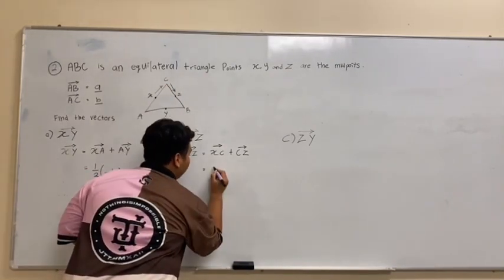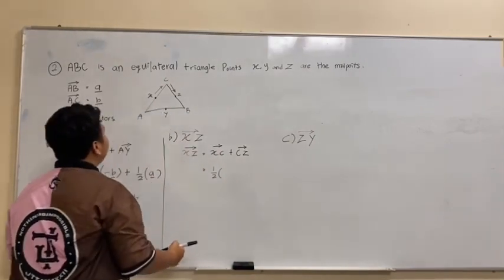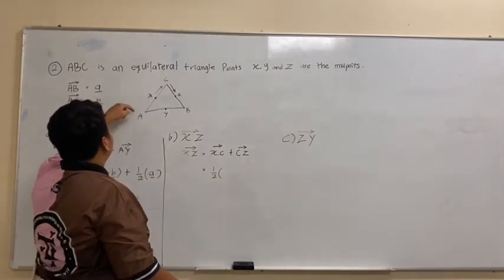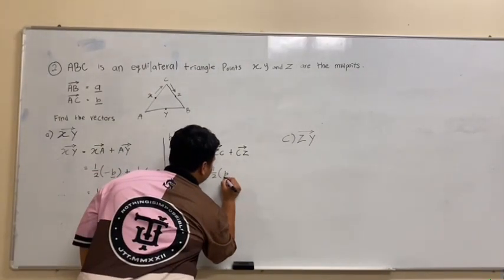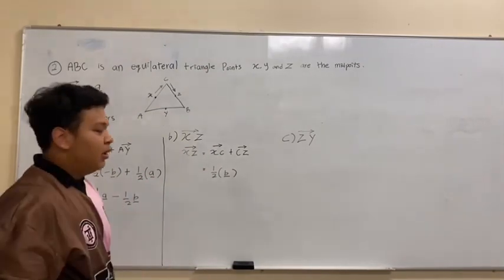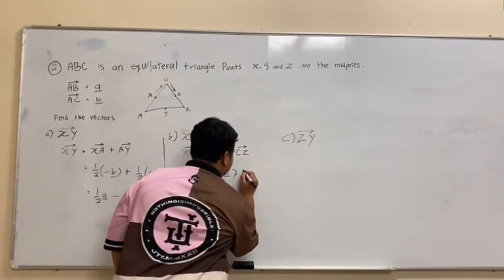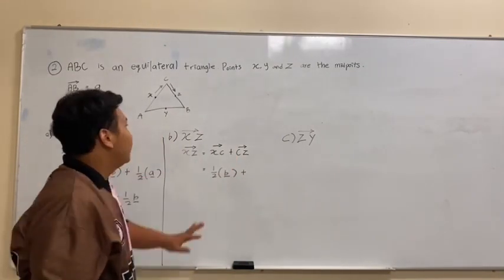So 1/2 multiplied by B. And then how do we get vector CZ?